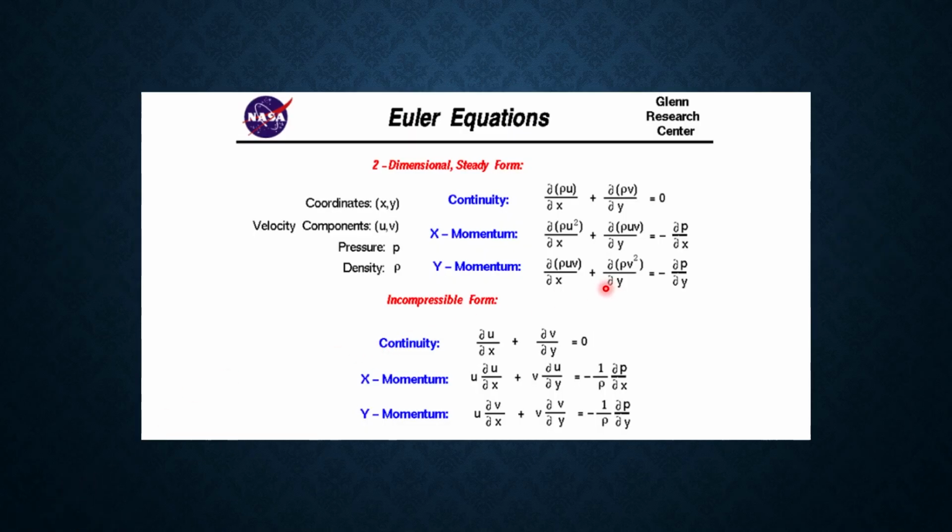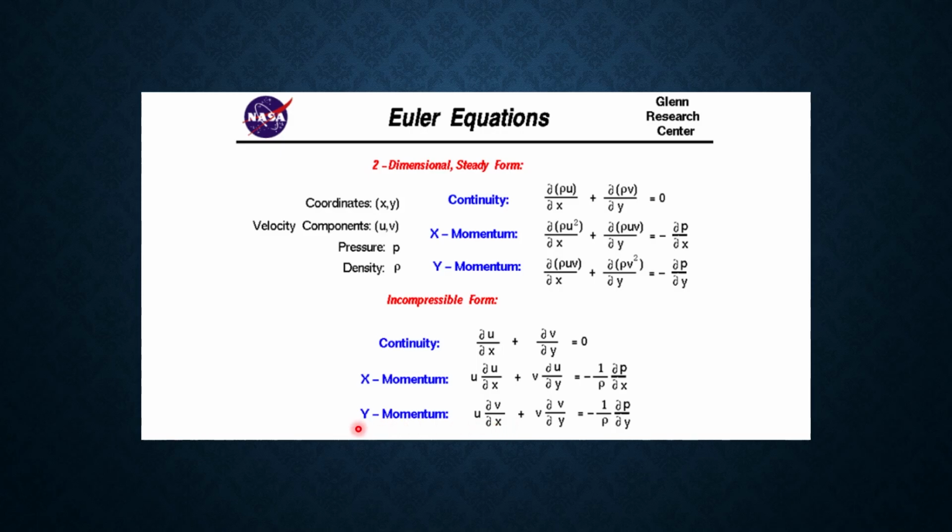But in this equation, there is no such term that has mu or any viscosity related term. So this is not a very generic equation that can be used to model any kind of fluid. So it becomes not very useful in certain kinds of flows and analysis.